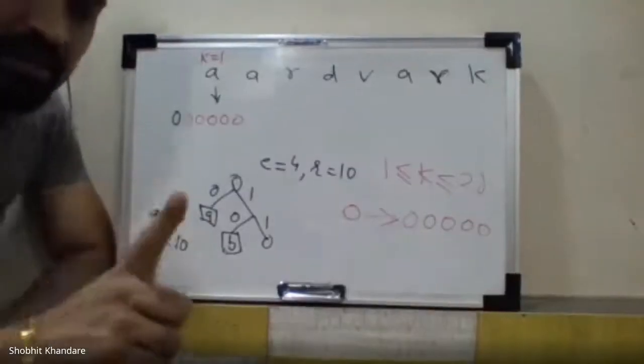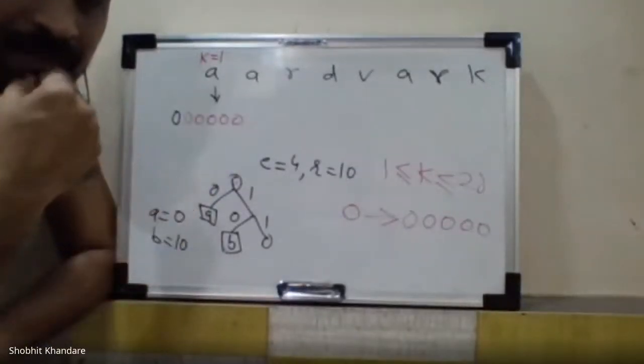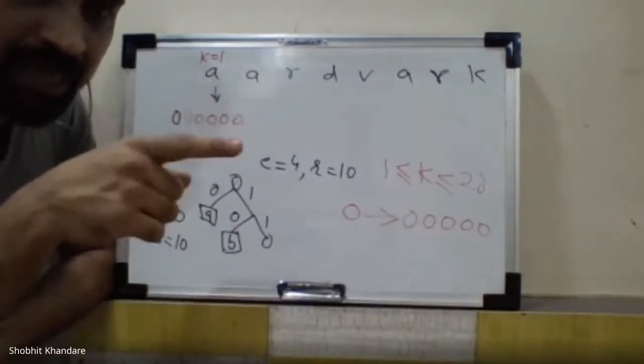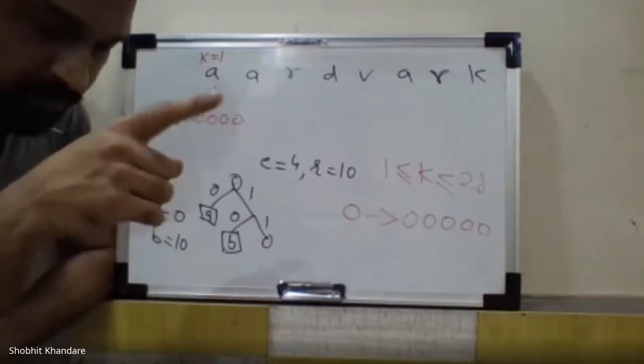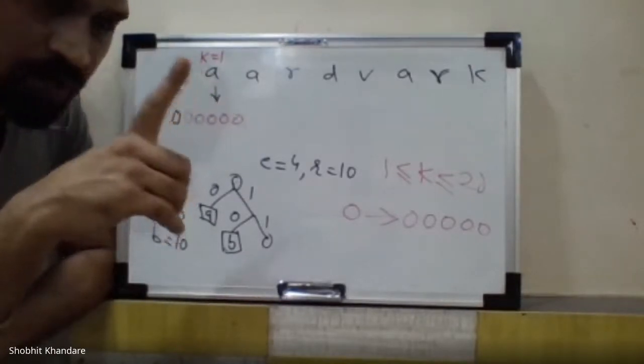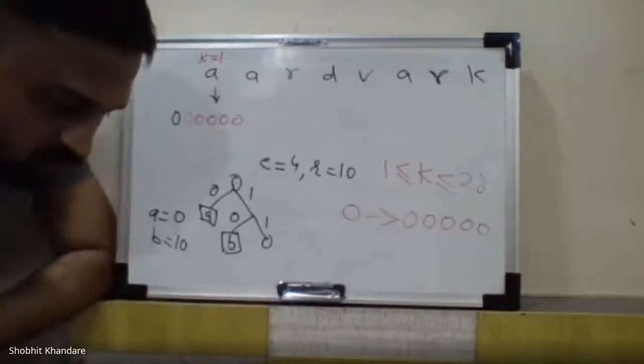Sir, it is 1. In your tree diagram, if you see your second letter A, then that second letter, the code is 1.